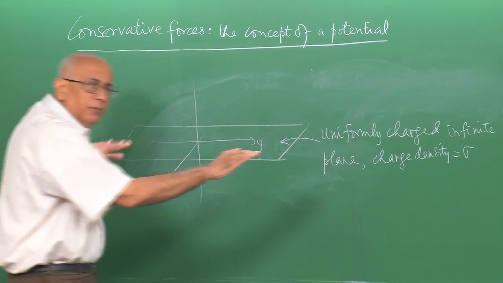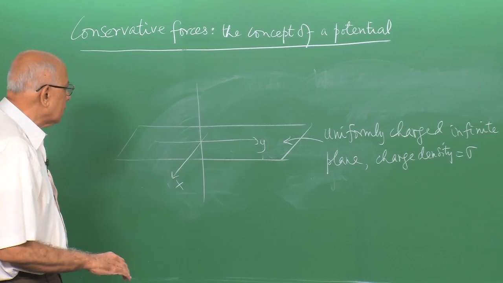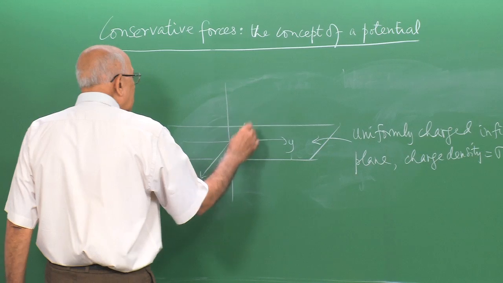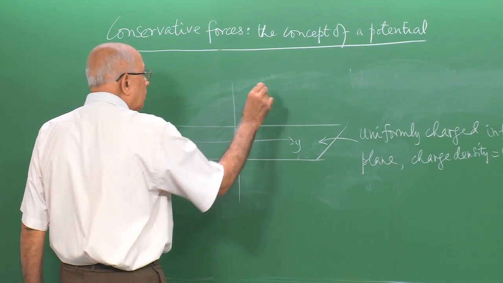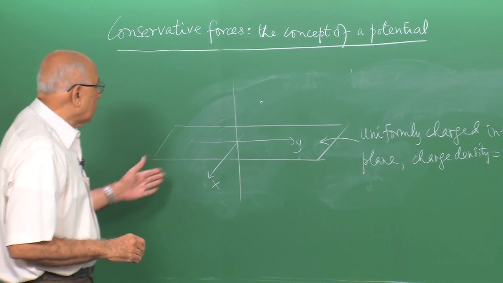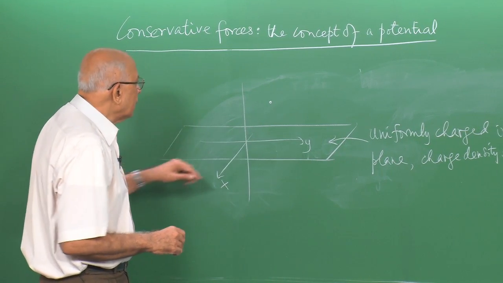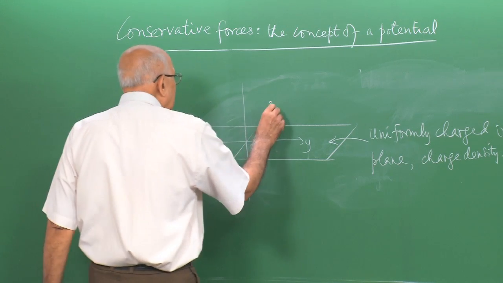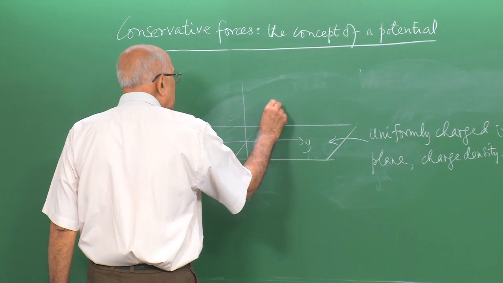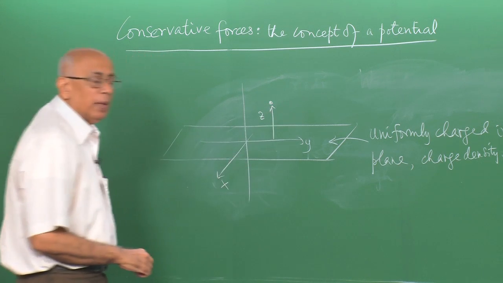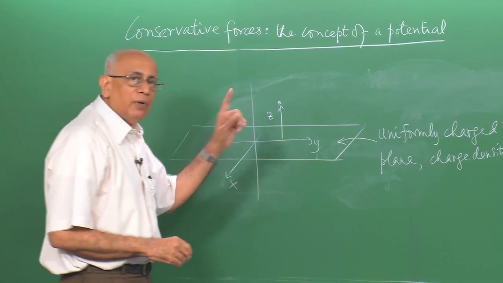So the plane is of infinite extent in the xy directions, and now at any arbitrary height, anywhere for that matter, it does not matter where you choose the origin on this plane, at any height z above the plane, at this point z, height z above the plane, we can find out what the electric field looks like.